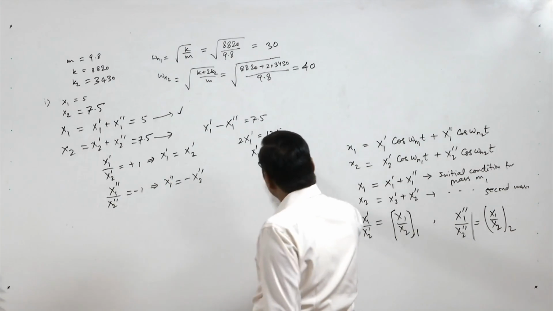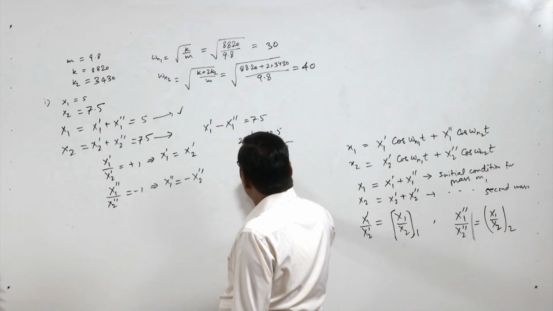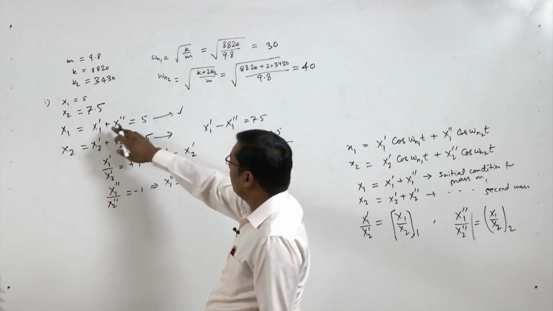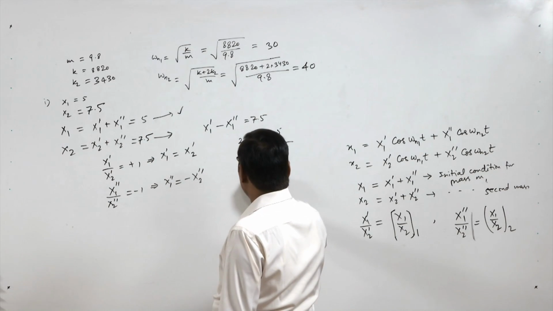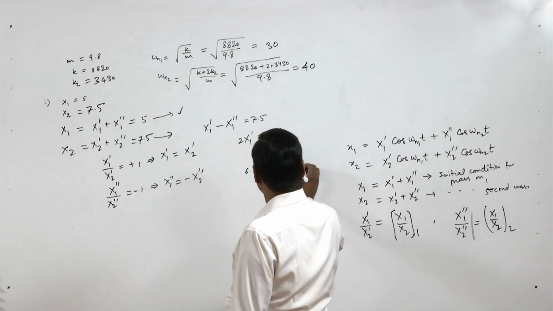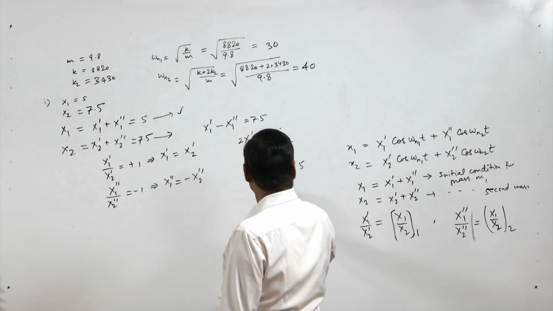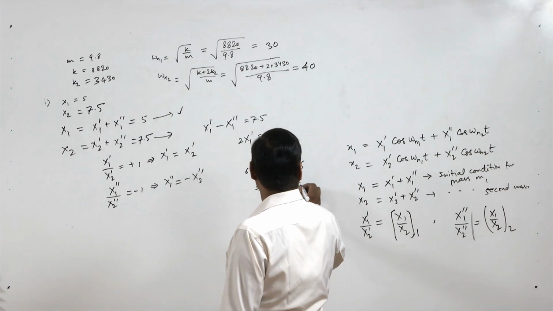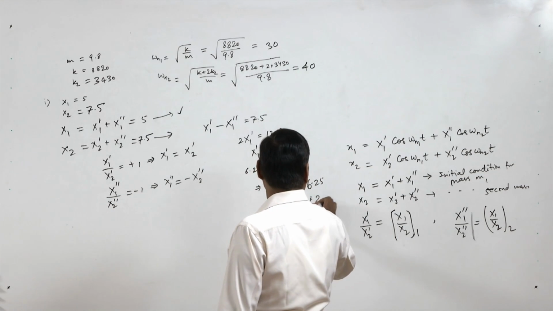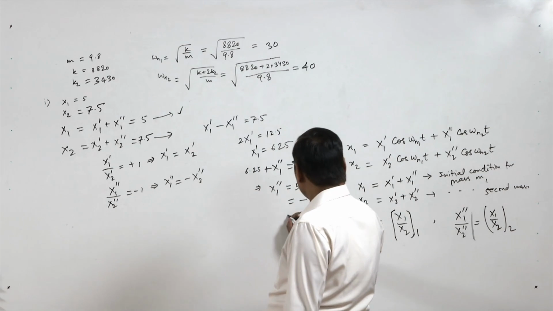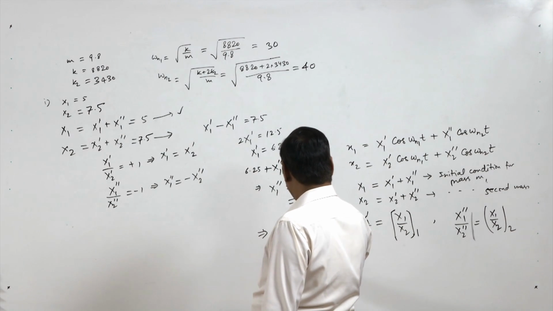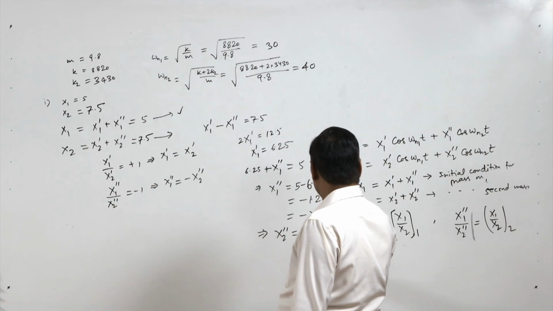Now we put the value of x1 dash here and we get 6.25 plus x1 double dash equal to 5. This means x1 double dash equal to 5 minus 6.25, that is minus 1.25, and that is equal to minus x2 double dash. This implies that x2 double dash equal to 1.25.